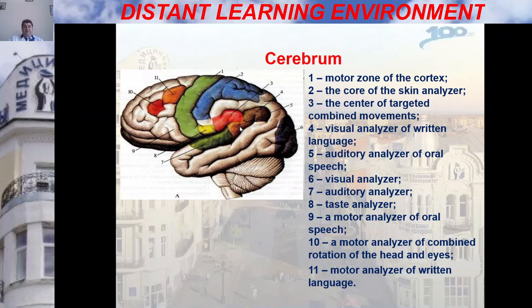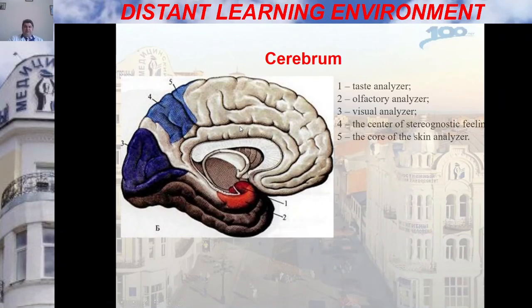supramarginal gyrus. And also you may see the centers of cortex on the medial part, on the medial surface. You may see on the occipital lobe the center of visual analyzer in number 3, and number 4 the center of stereognostic feeling, the core of skin analyzer, which passes from lateral surface, and also in red color in number 1 and 2 you may see 2 analyzers.